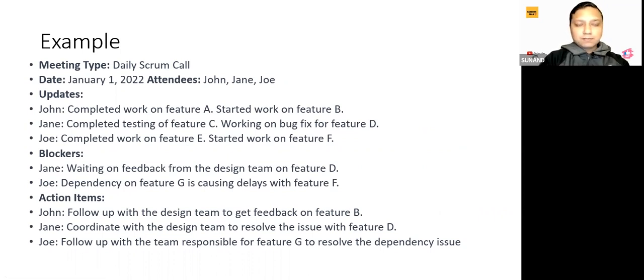So let's say someone has mentioned: completed work on feature A or user story A, started working on feature B, user story A, B, C, it's up to them. Completed testing of feature C, working on bug fix for feature D, completed work on feature E, started working on feature E. So these are the high-level updates which should happen. You need not do it on a regular basis.